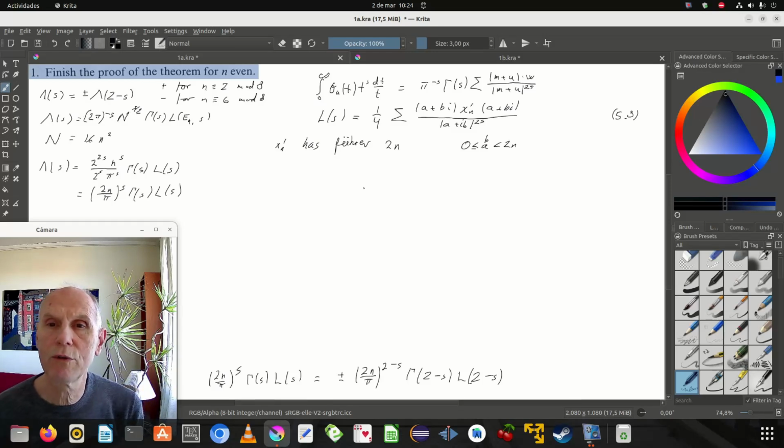So how do we do that? We just write a equals a tilde, that's difficult, a bar plus 2k times n, and the same with b.